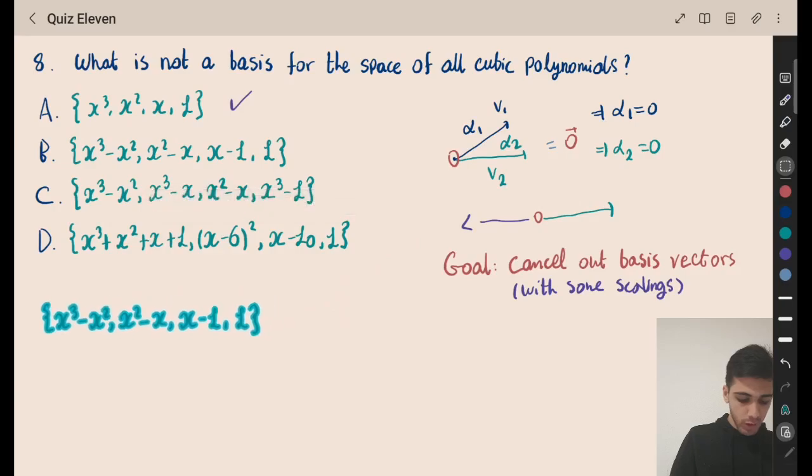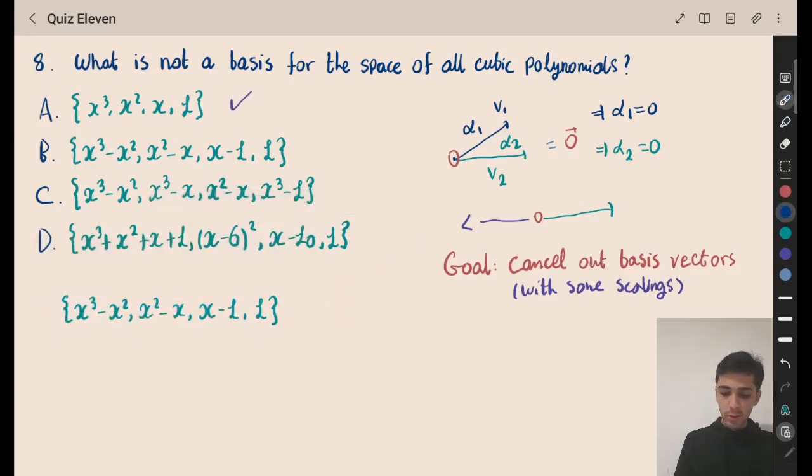But this one is a bit more interesting. You see that if we add this vector as it is to this vector, then the x squared will cancel out. And then if we add these two vectors to this third vector, then the x cancels out. And then we add this vector as well, so the ones cancel out.